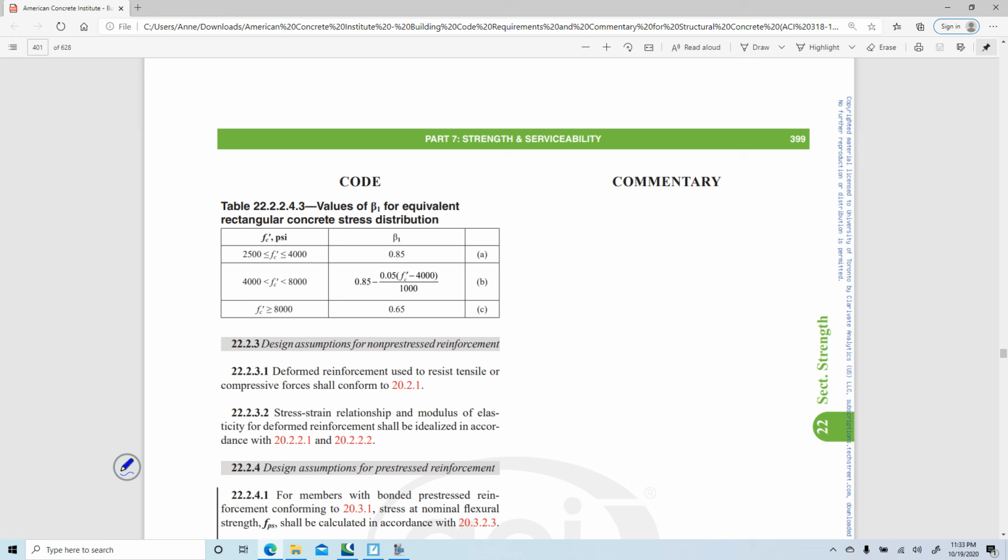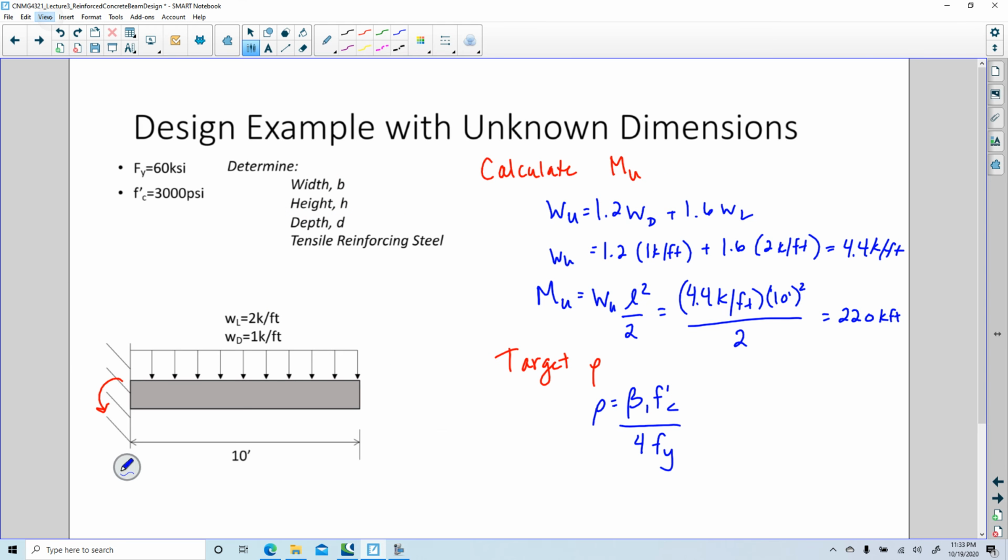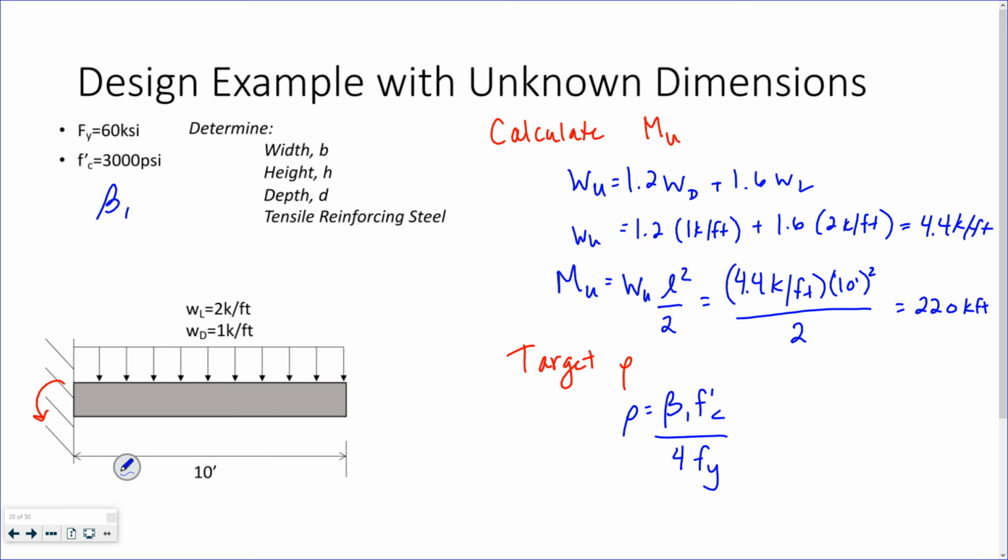Always good to double check, right? If it's under 4000, it's 0.85. So our target reinforcement ratio, that's a rho, is 0.85 for 3 KSI divided by 4 times 60 KSI. So we're looking at about 1%.